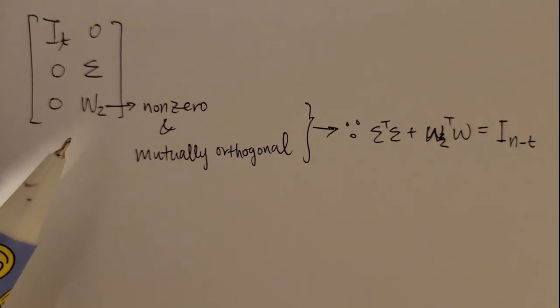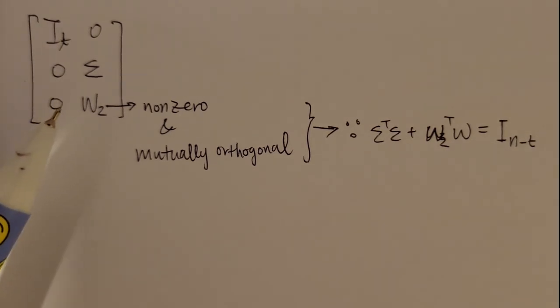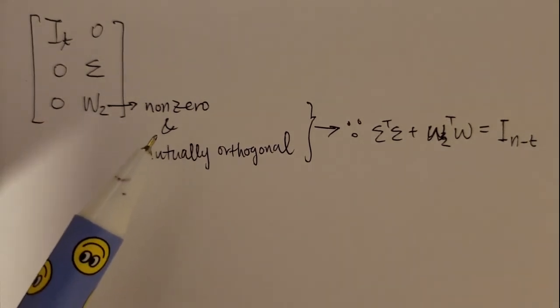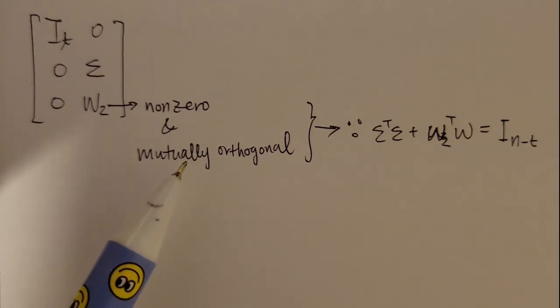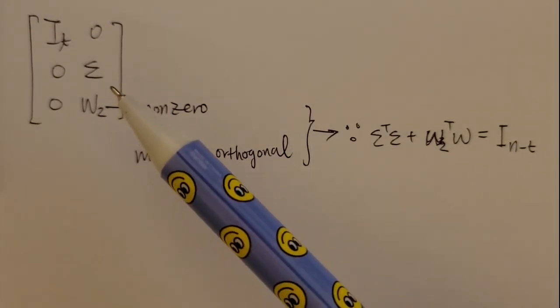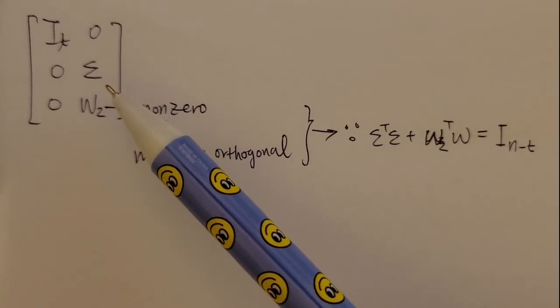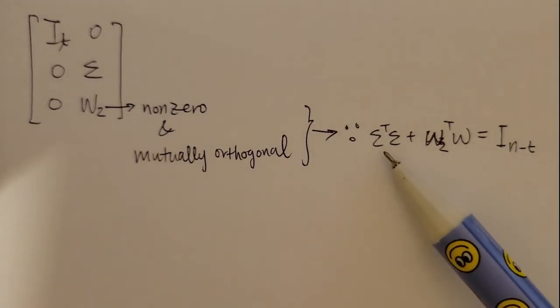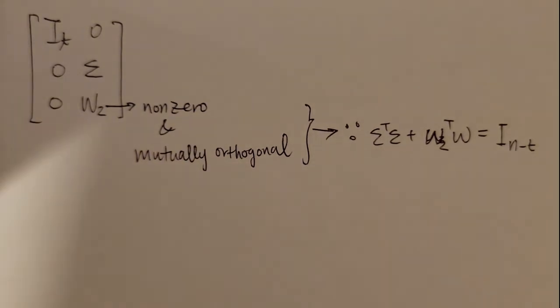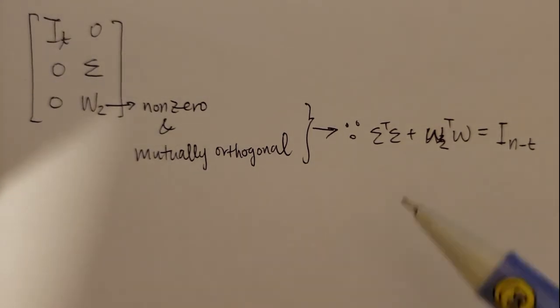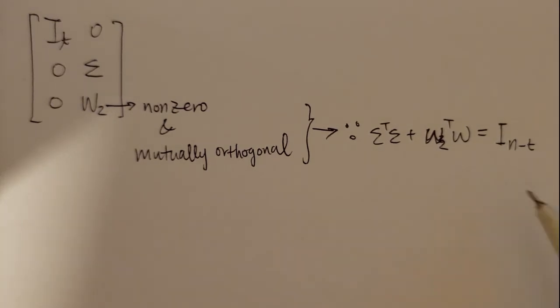Now you have the right side of the equation as depicted here, and we were able to make W1 equal to 0, but W2 is non-zero, and it's also mutually orthogonal. Since the sigma matrix here is not an identity matrix, all of these components are less than 1, and so sigma transpose sigma plus W2 transpose W2 have to add up to become 1, which is the identity matrix.